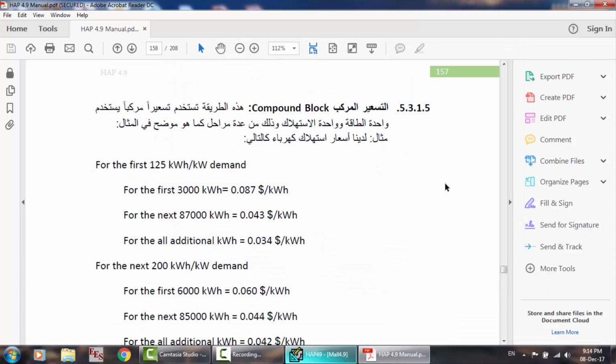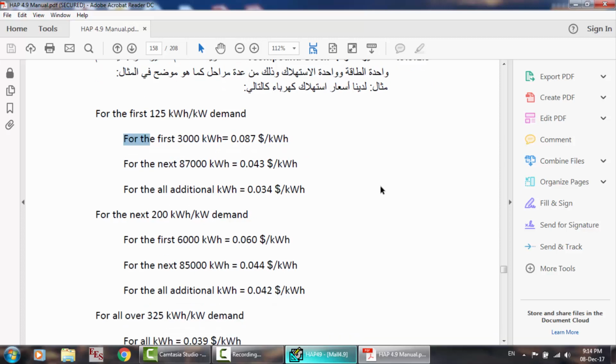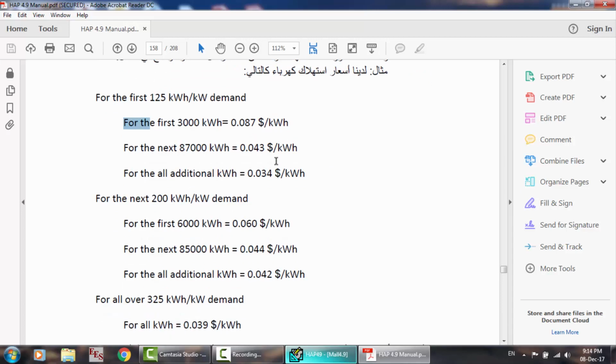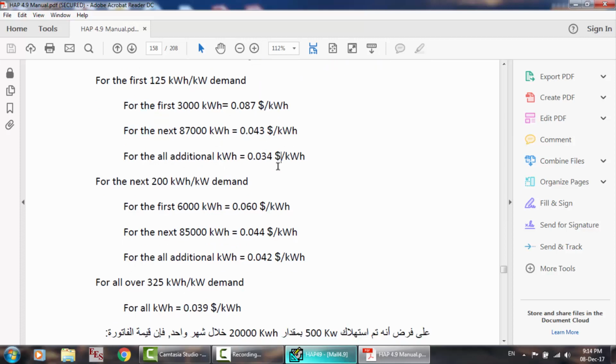Okay, so ladies and gentlemen, for the compound block, suppose that we have, for the first 125 kilowatt hour per kilowatt demand, for the first 3,000 kilowatt hour, a price, and for the next 87,000 kilowatt hour, another price, and for all additional kilowatt hour, another price.